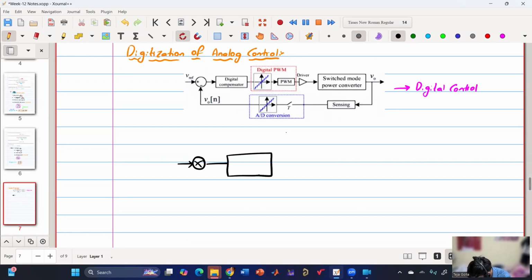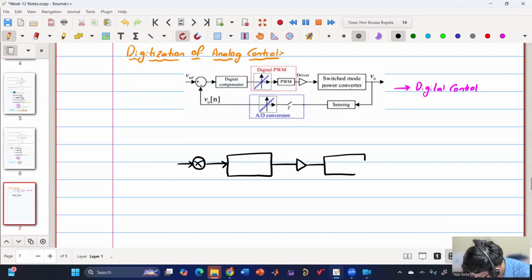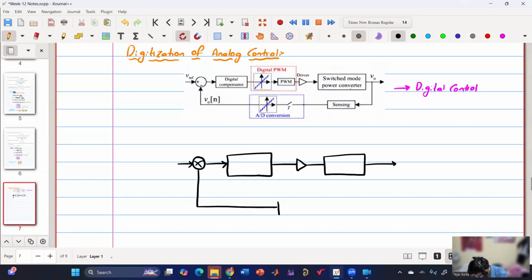We have digital components over. Then we have driver, and then we have switch mode power converter, and then we have sensing. This is our traditional analog control.